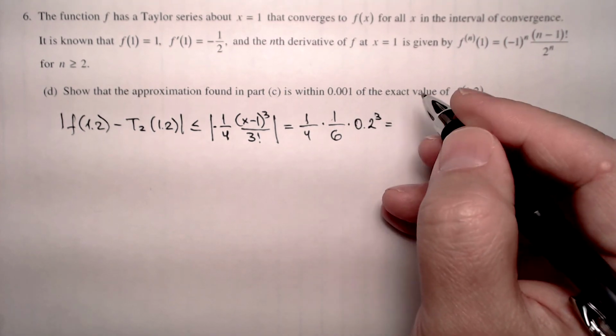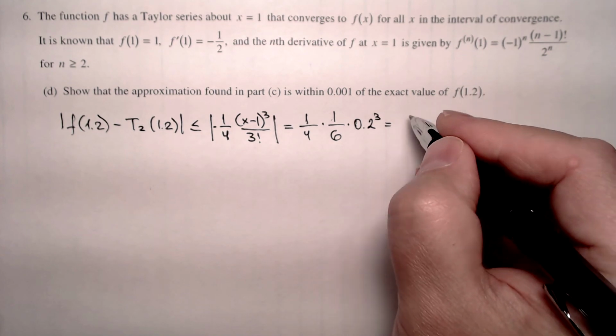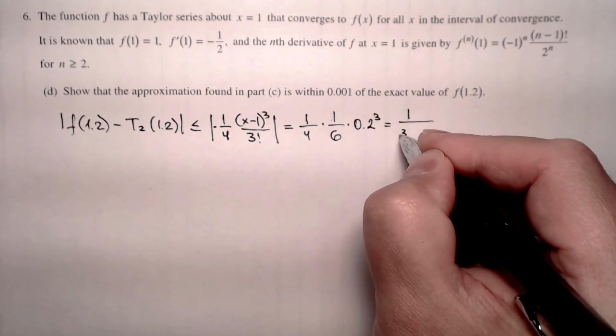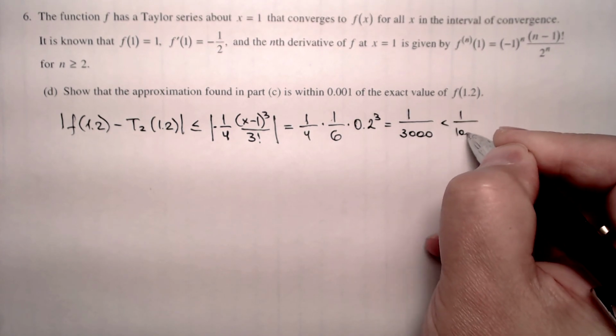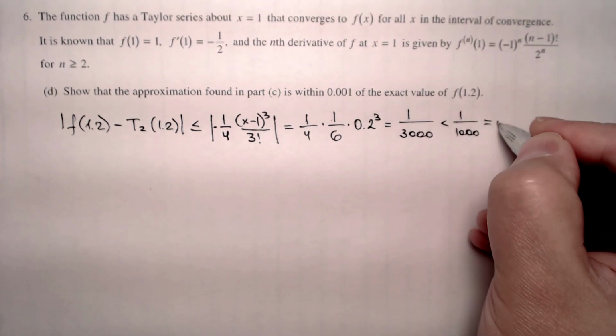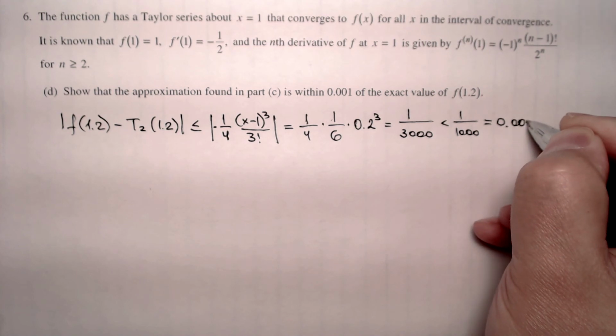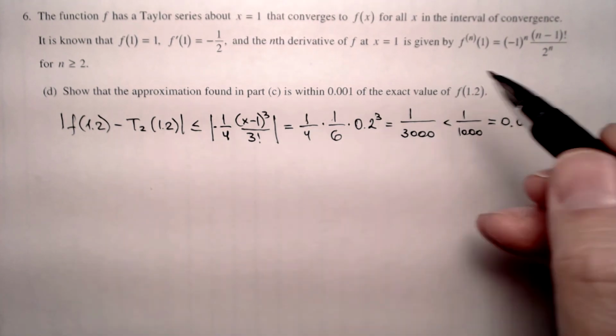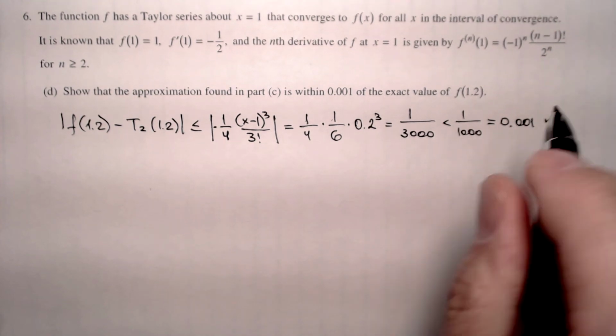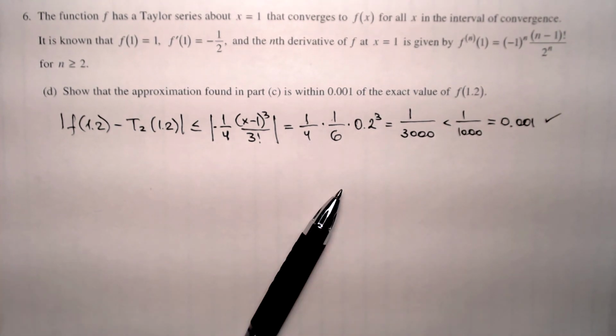And simplifying this, we get 1 over 3000, which is less than 1 over 1000, which is exactly what we are being asked to show. So we showed that this difference is less than 1 over 1000. This completes the proof. Thank you, and I will see you in the next video.